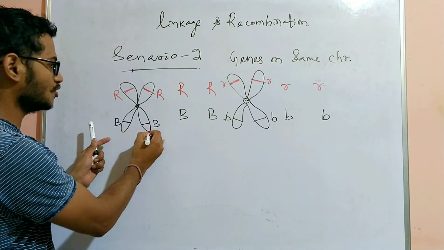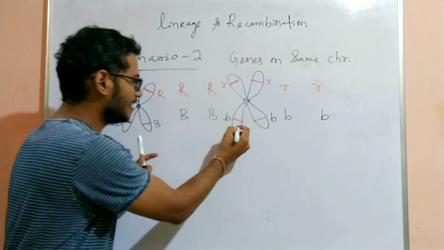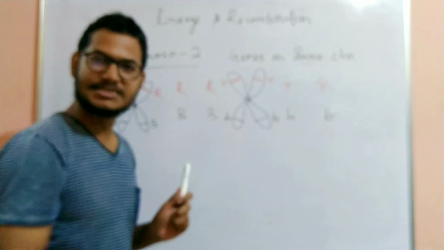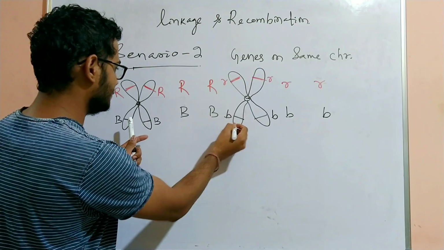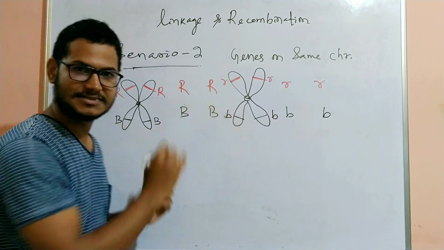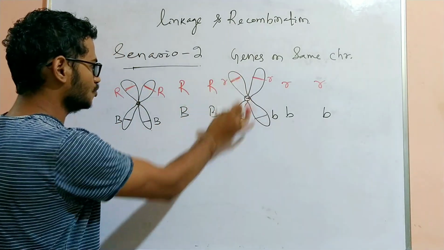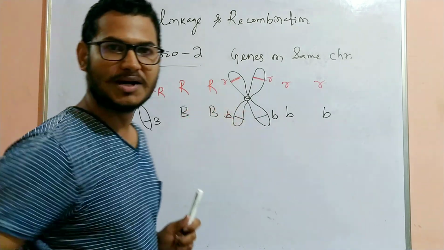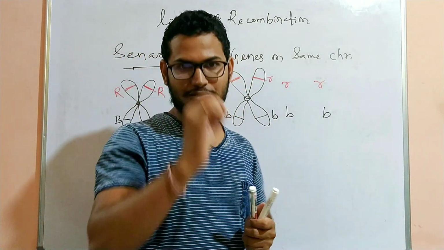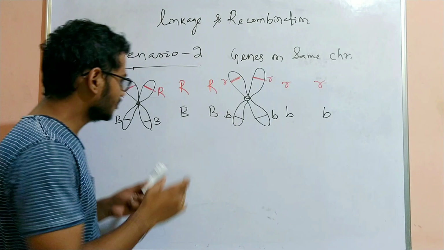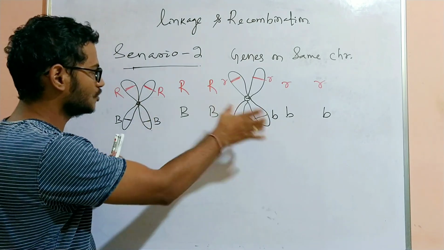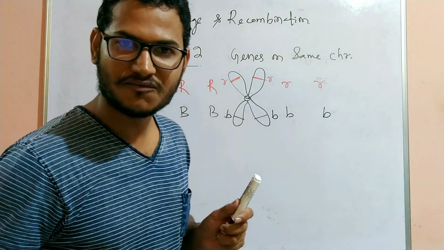These two are sister chromatids of this chromosome and these are sister chromatids of this chromosome. And these two are non-sister chromatids. Clear? So these two are non-sister chromatids.